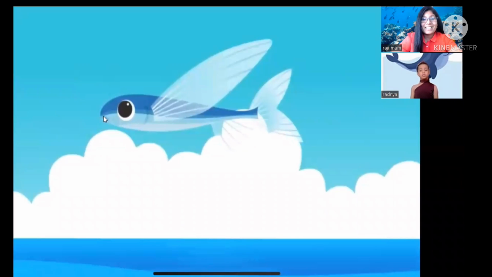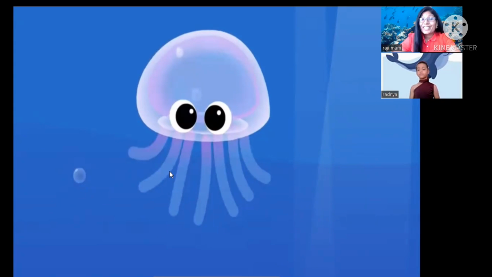Now, look at this. This is a flying fish. Perfect. Correct, Ranya. Look at this picture. Can you recognize this? This is a jellyfish. Perfect.